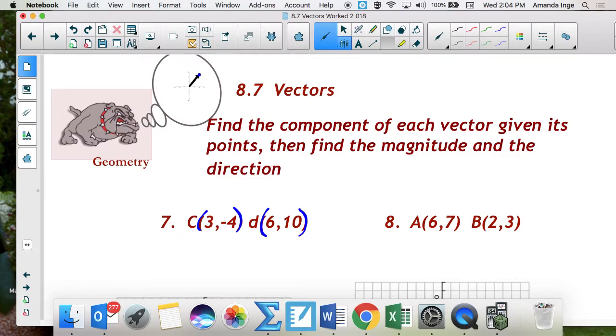So, remember the component form was x sub 1 minus x sub 2 and y sub 1 minus y sub 2.